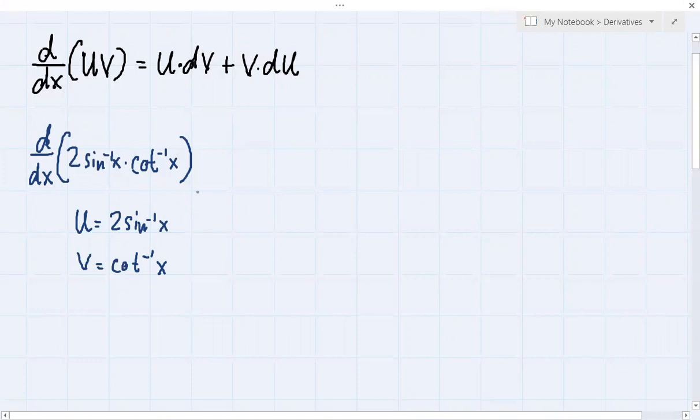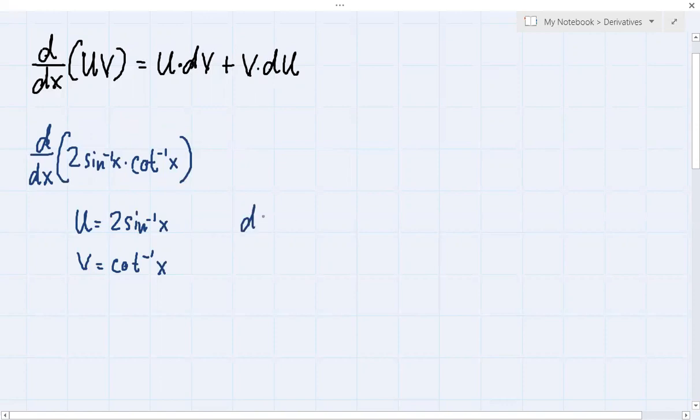Let me repeat: we have a constant 2 here, right? So you can partner 2 with the arcsine or with the arccotangent. The answer will still be the same. For me, I partnered 2 with the arcsine.